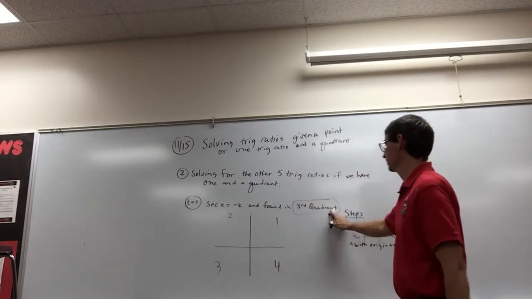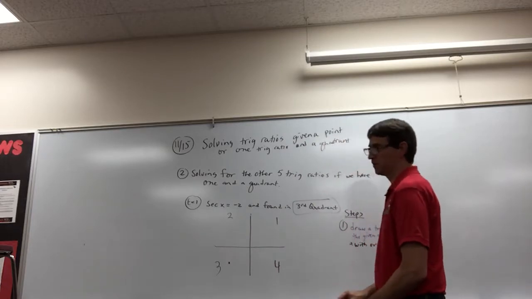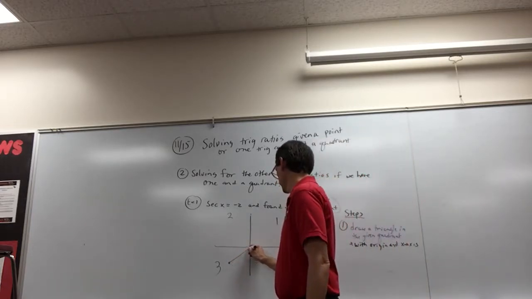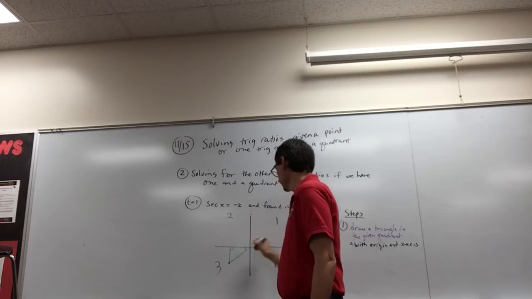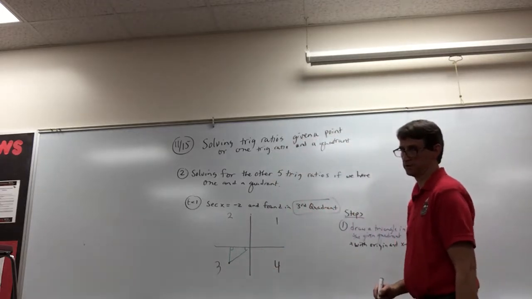And because they said it's in the third quadrant, I'm going to pick a point in the third quadrant. So after I pick the point, then I always draw the triangle back with the origin and the x-axis. And the x-axis is where the right angle is. The angle that we're talking about or finding the values for is the one at the origin.